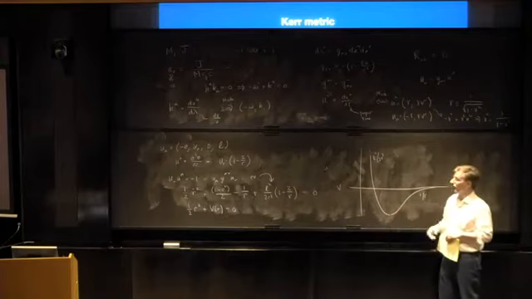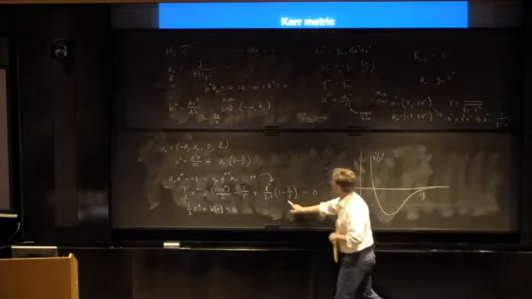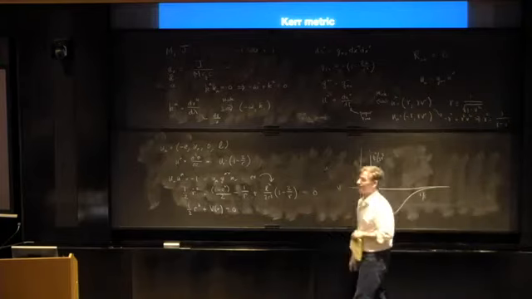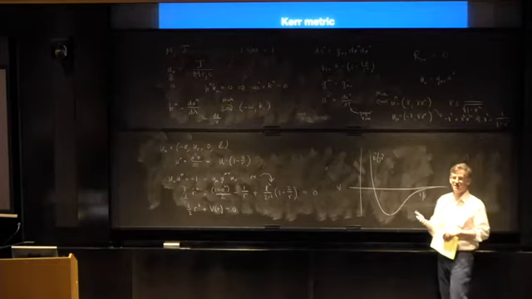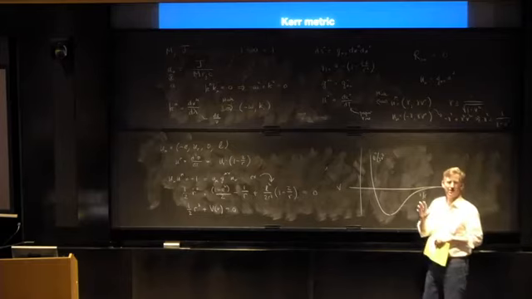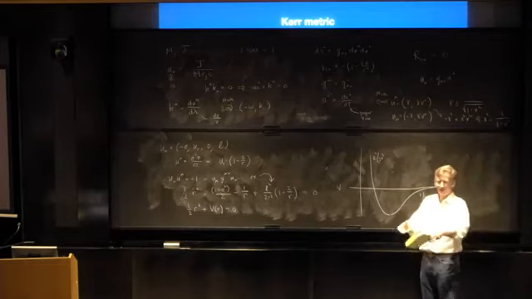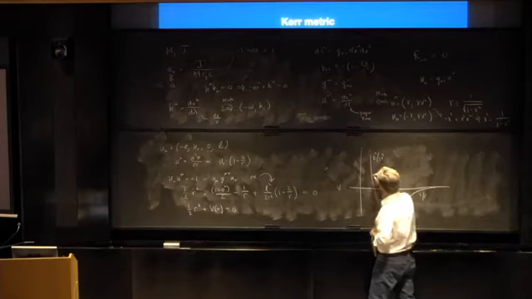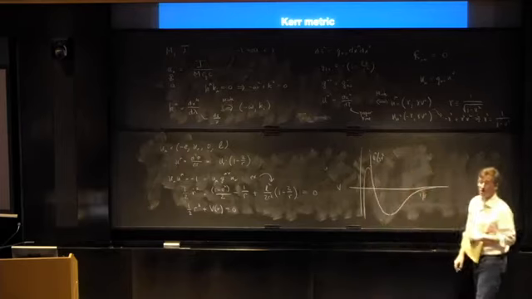Okay, so there's a new term here, which is poetically described in MTW as the pit in the potential. People know what I'm talking about, MTW, Misner, Thorne, and Wheeler, the self-gravitating textbook. Okay, so what this new term does is turn this over and turn it down like that.